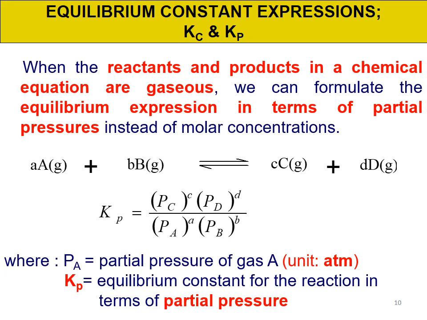The PA stands for the partial pressure of gas A and the unit is atm. The Kp stands for the equilibrium constant for the reaction in terms of partial pressure.